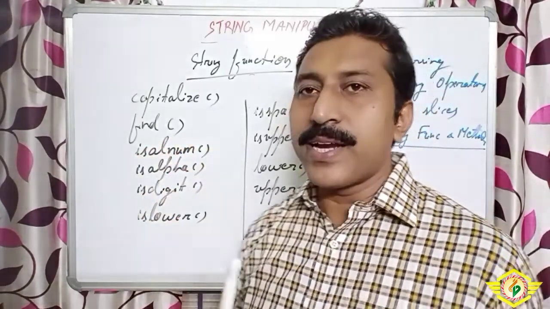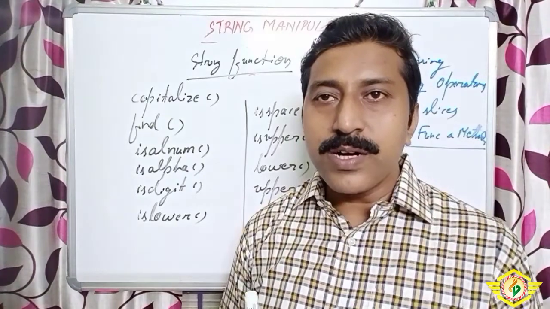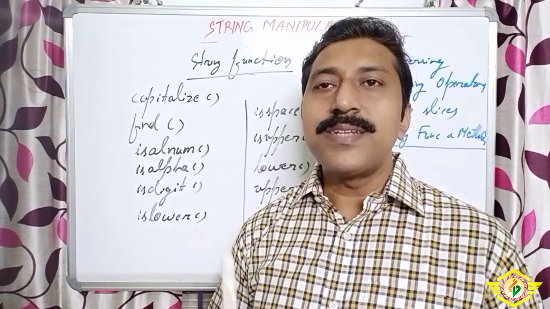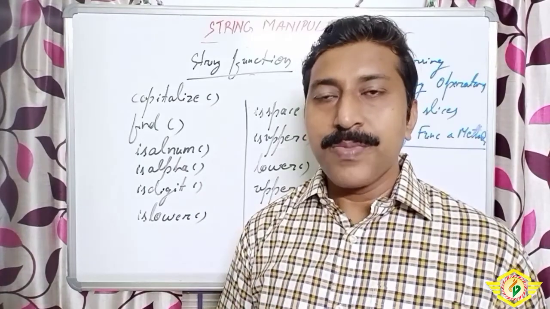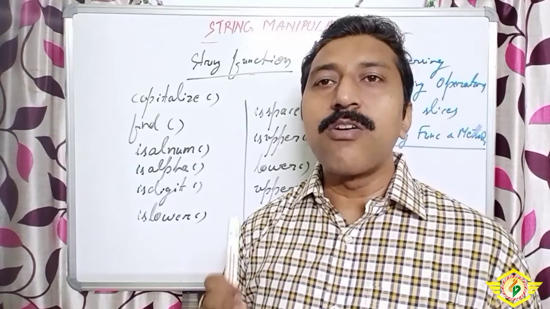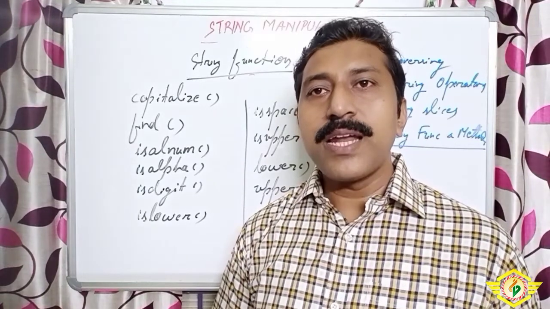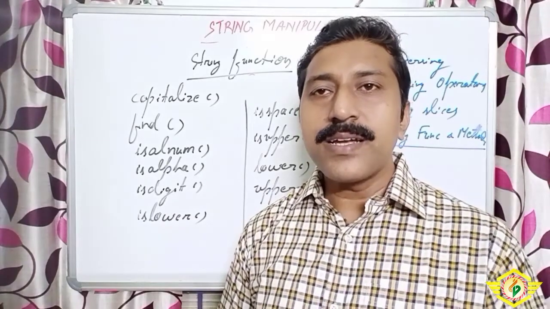Next one is find. Find helps to search for a particular word in a sentence. It will show you the index number of that word, and if the word is not found, the output will be -1. If it is found, it will show you its exact index number.